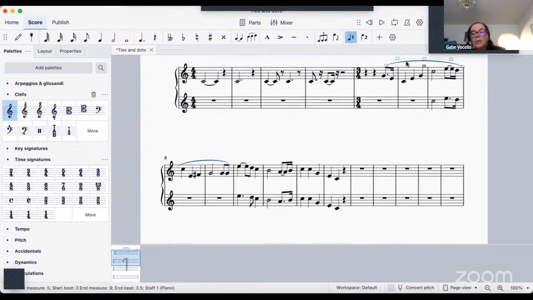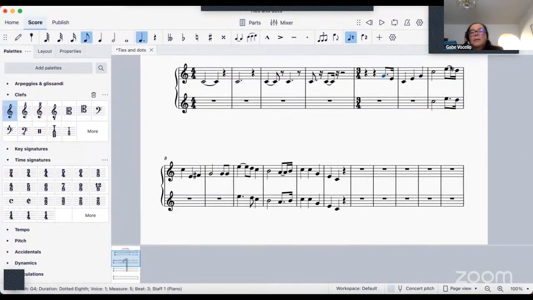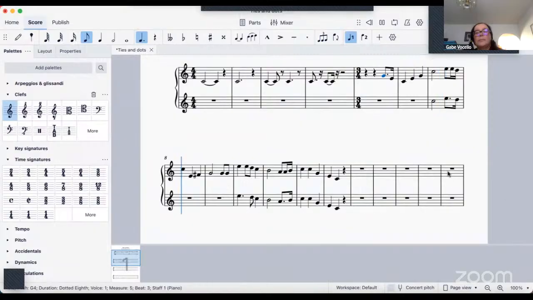Now let's see without the tie. Now let's hear without the tie, okay? Now with the tie.